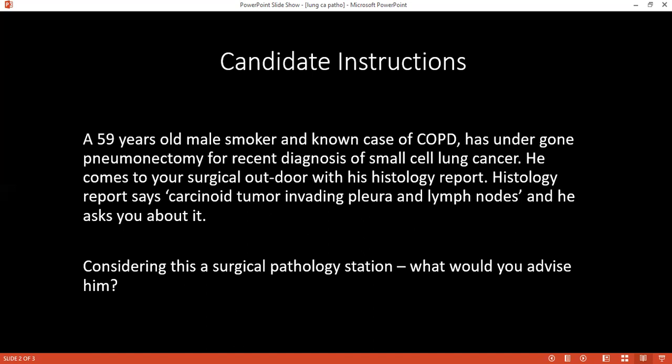So carcinoid is mainly arising from the appendix or maybe small bowel or pancreas or other sites. It mainly spreads to the liver first and then the lungs. In the lungs, it causes isolated thickening of the pleura, and then it causes calcifications, especially when it is exposed to occupational hazards like asbestos. So then the malignancy risk increases.